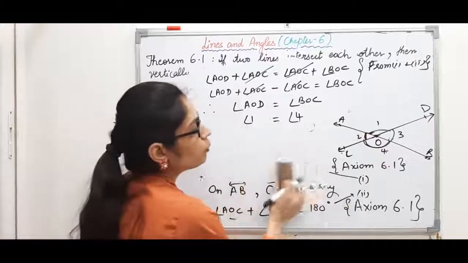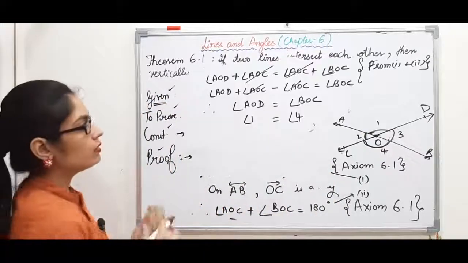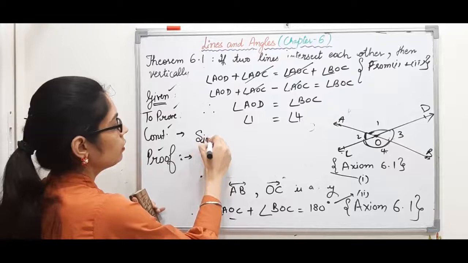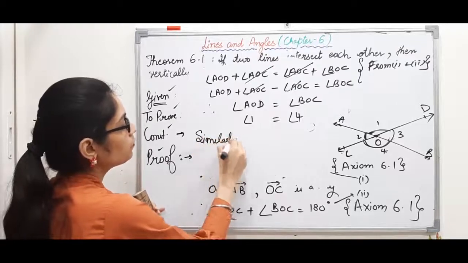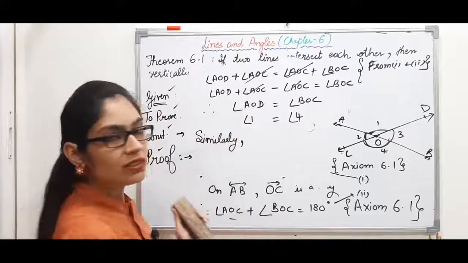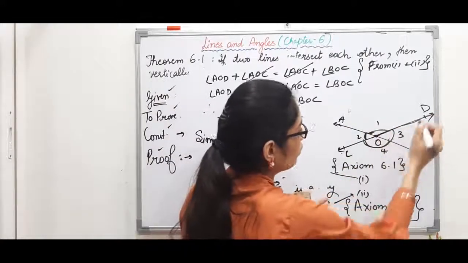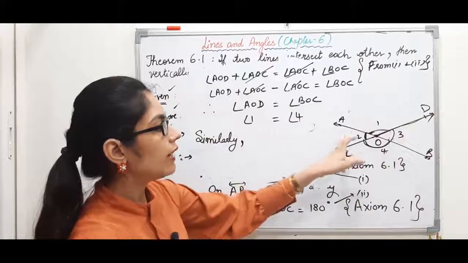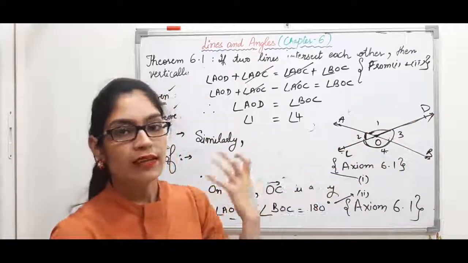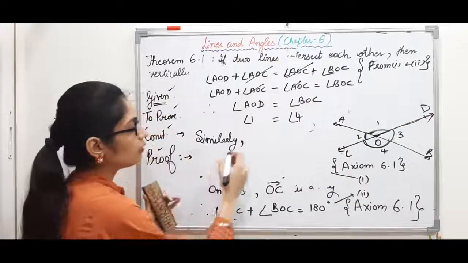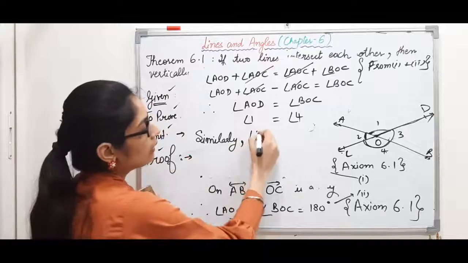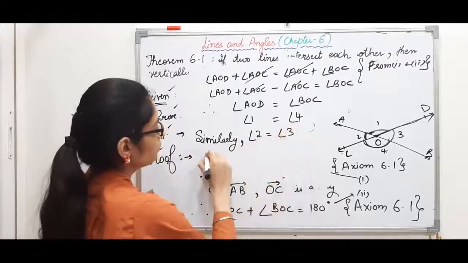Now you don't have to prove angle 2 is equal to angle 3. Similarly you can mention the full proof, because it's understood: if you take this line and now this way take OD as your ray, it will be proved that angle 2 is equal to angle 3. So instead of doing the whole step, you can directly write similarly angle 2 is equal to angle 3.